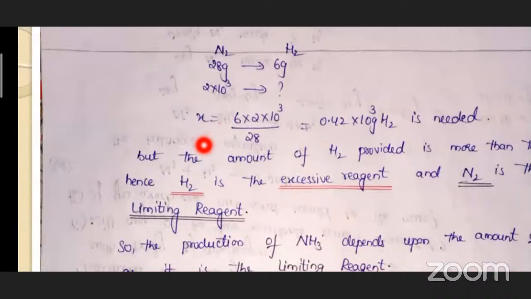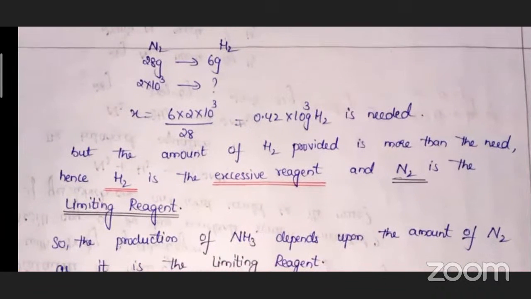Upon cross multiplication, we get 0.42 into 10 to the power of 3 grams of hydrogen needed. This much is needed. But how much are we provided with? We are provided with 1 into 10 to the power of 3 grams of hydrogen.